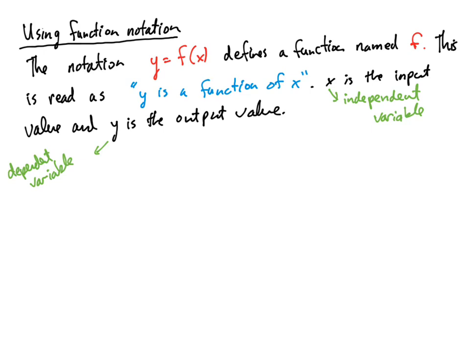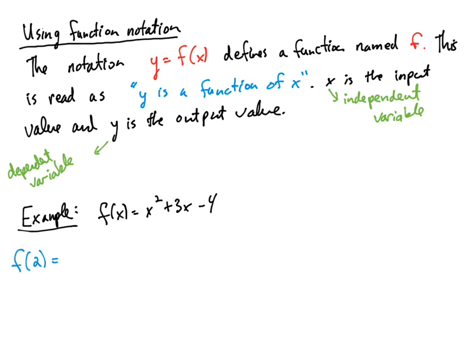So let's look at an example of this. Suppose we have f of x is equal to x squared plus 3x minus 4. And what we want to do is find f of 2. What this means is 2 is going to be the input value, taking the place of x.